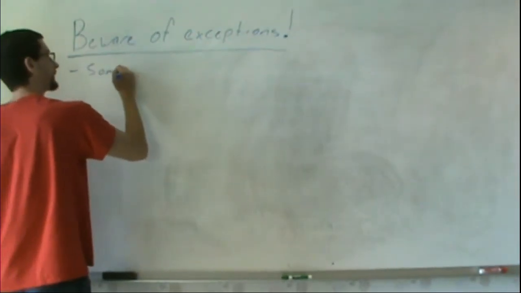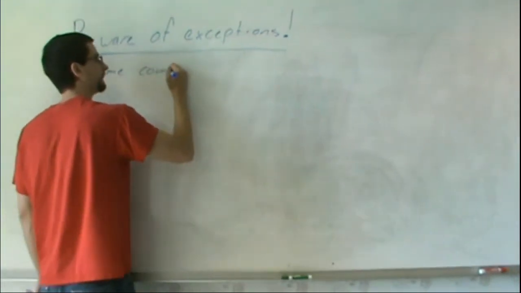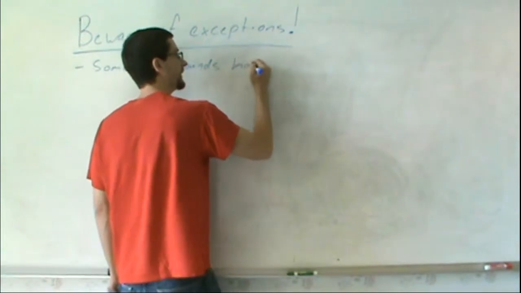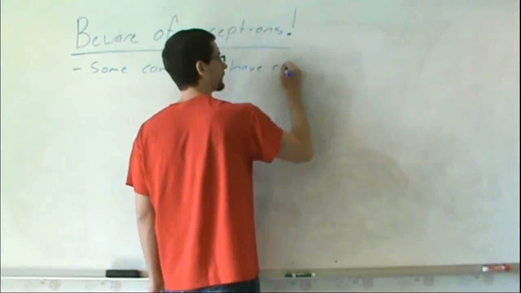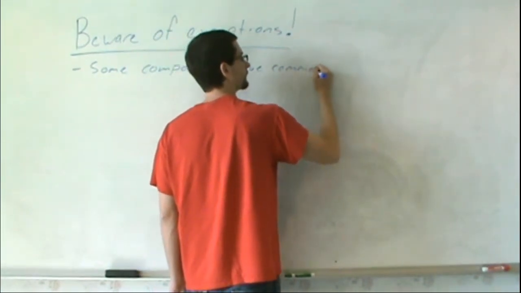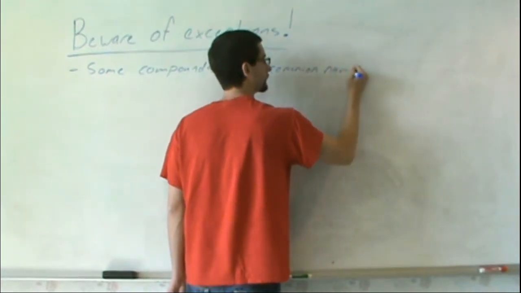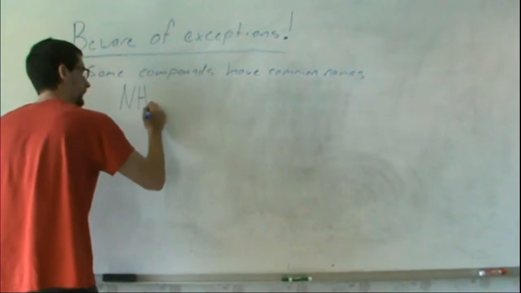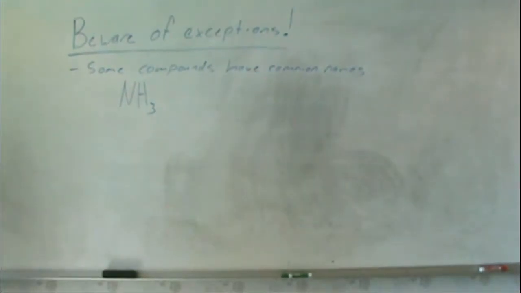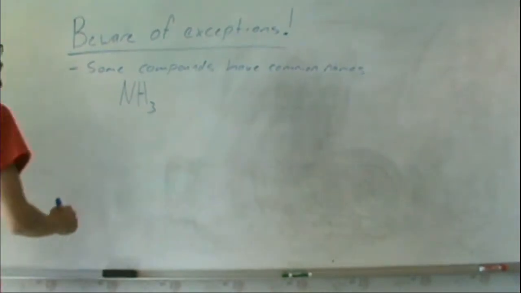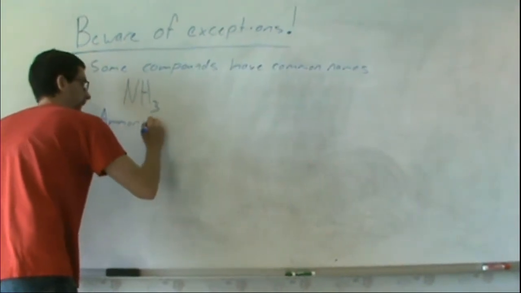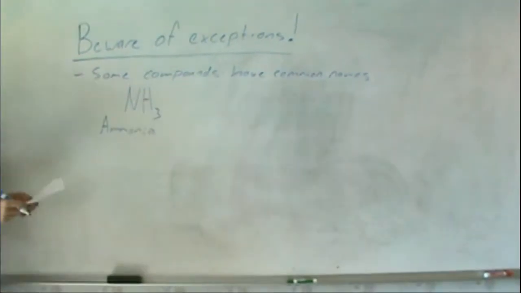Some compounds have common names. For example, NH3 is actually ammonia. It's one of the ones that you'd have to memorize.